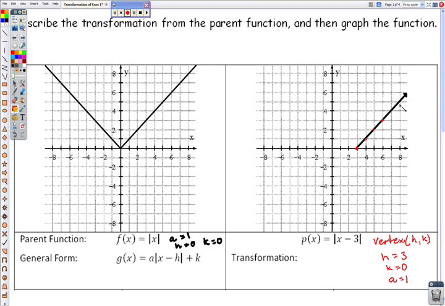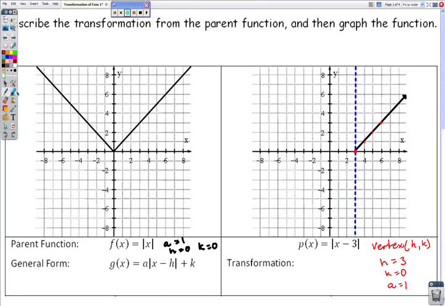If we're asked, and you will be asked, to specify the axis of symmetry, we can simply indicate it as a dashed line. Dashed line because it's a feature of the graph, but it's actually not part of the graph. And we can label it as x equals 3. That's our axis of symmetry.